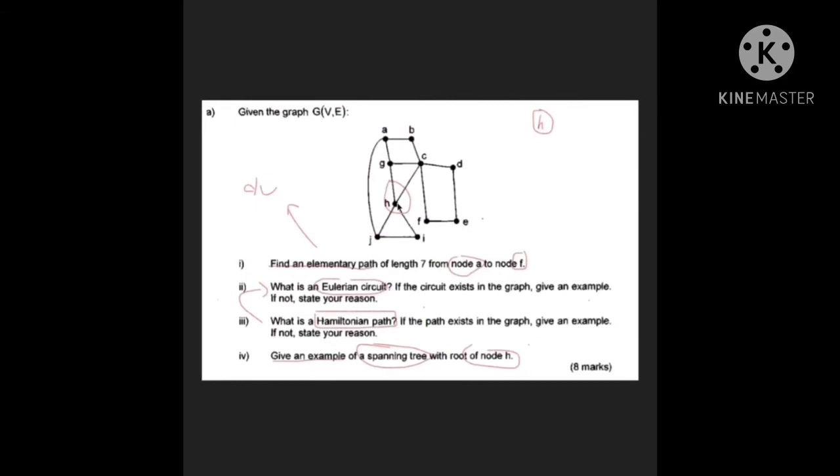And for the last question, they ask us to give an example of a spanning tree with root node H, which is this node. The first thing we need to know is that H is the highest in the spanning tree.